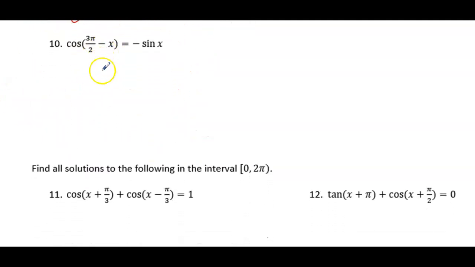Right here, we got to show that cosine of 3 pi over 2 minus x equals negative sine of x. All right, again, that's a minus b. And 3 pi over 2 is 270 down here. So that point is 0, negative 1.